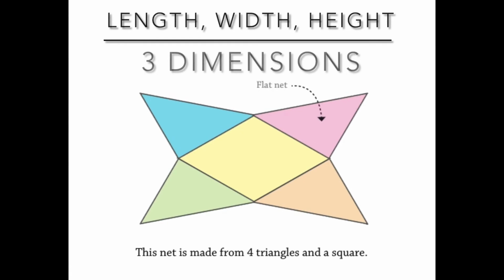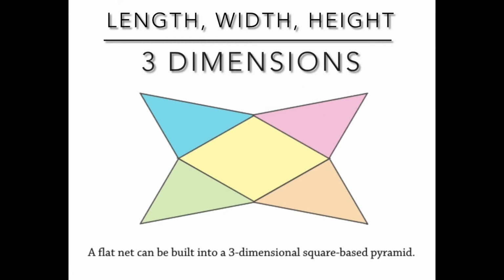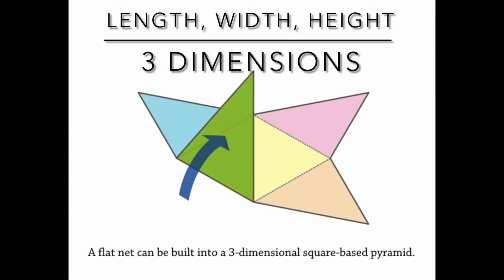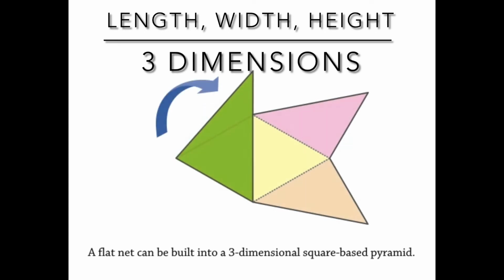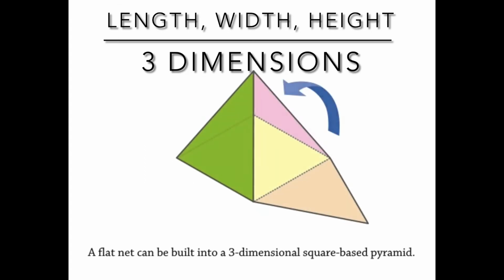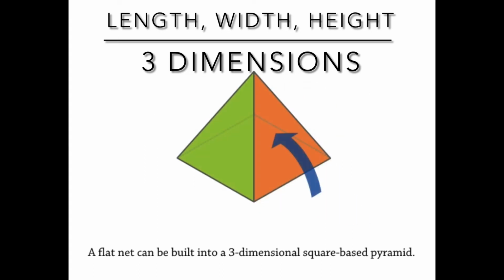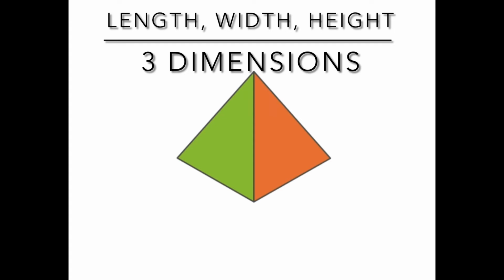So in our last video, we talked about how two-dimensional shapes have width and length. But we see here how we can fold up a two-dimensional shape and add height. In this case, we've folded up those sides to make a pyramid. We call that three-dimensional.